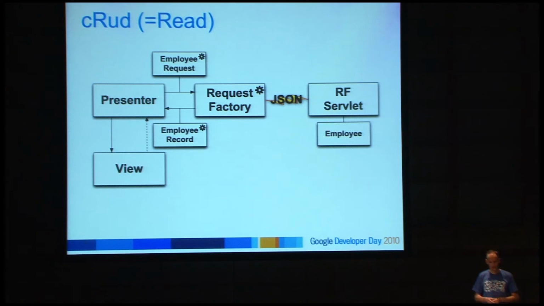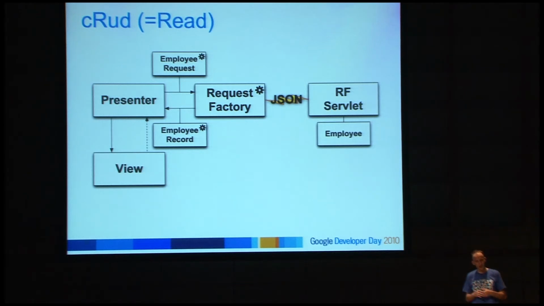So how does this work? The presenter creates a new employee request object, and it sends it to the request factory and says, give me the next 10 employee records. The request factory uses the JSON format to send this request object to the servlet. The request factory servlet, which is a standard servlet that's different than GWT RPC, handles that request and ships the results back to the client, again via JSON.